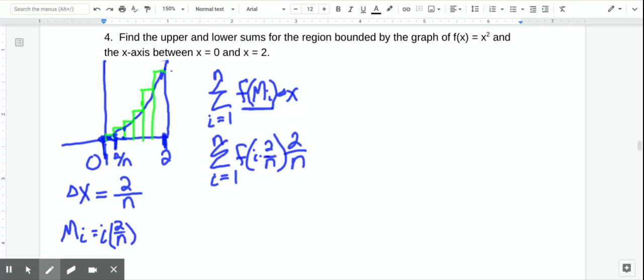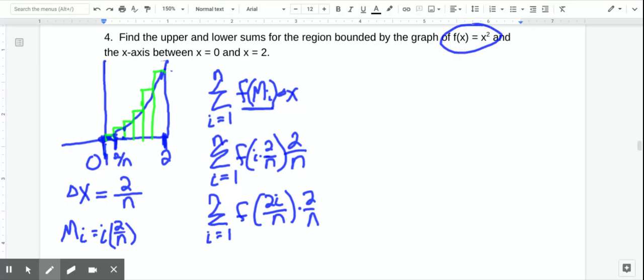Okay, now we're getting somewhere. Now remember, we want to do f of i times 2 over n, times delta x, which if you want to rewrite that, is f of 2i over n times 2 over n. So I'm just going to plug that 2i over n into the function, which is just x squared.